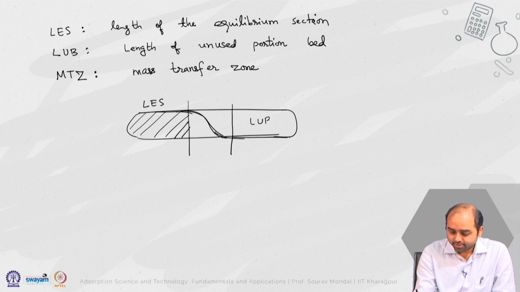So, this is LUB, and in between these two we have the portion of the mass transfer limitation, or the mass transfer zone, or the active zone of adsorption, where all this dispersion, adsorption, kinetics, diffusion, transport, etc. takes place, mass transfer zone.